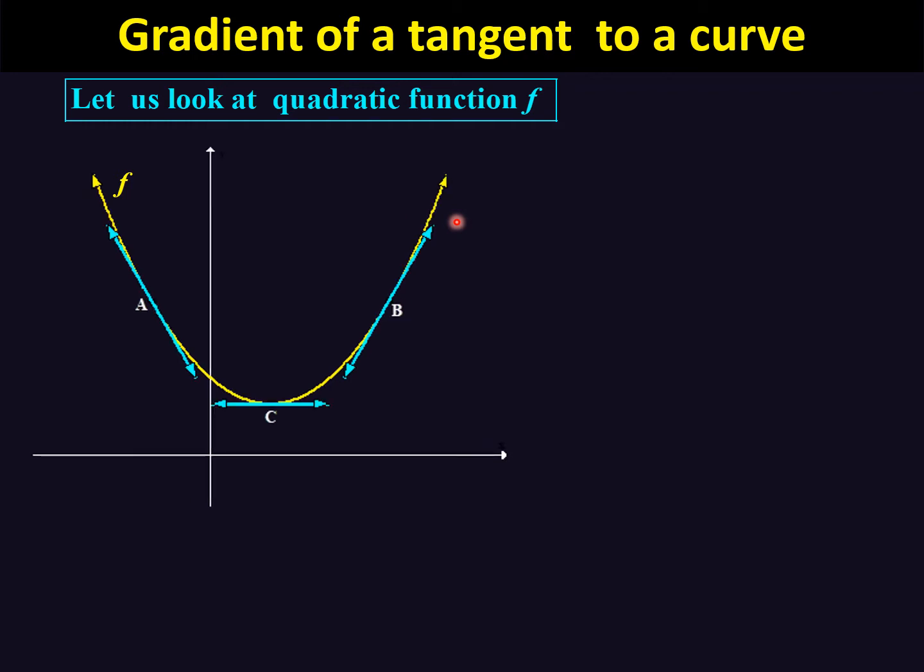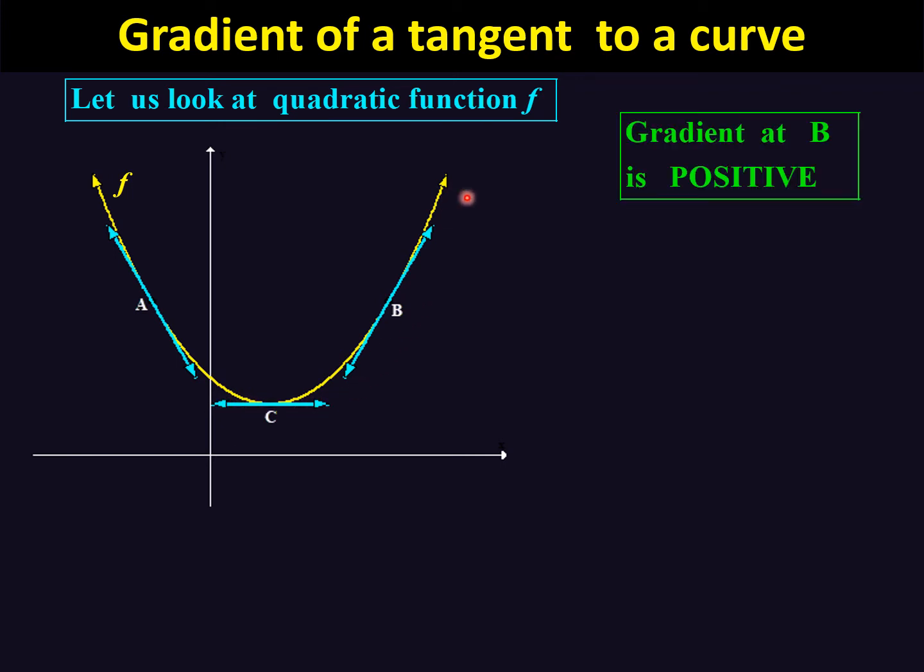At point C, the turning point, there we have a tangent, but the gradient here is, that's right, 0. It's parallel to the x-axis. So in this quadratic, the gradient changes from negative, then it is 0, and then it changes to positive.